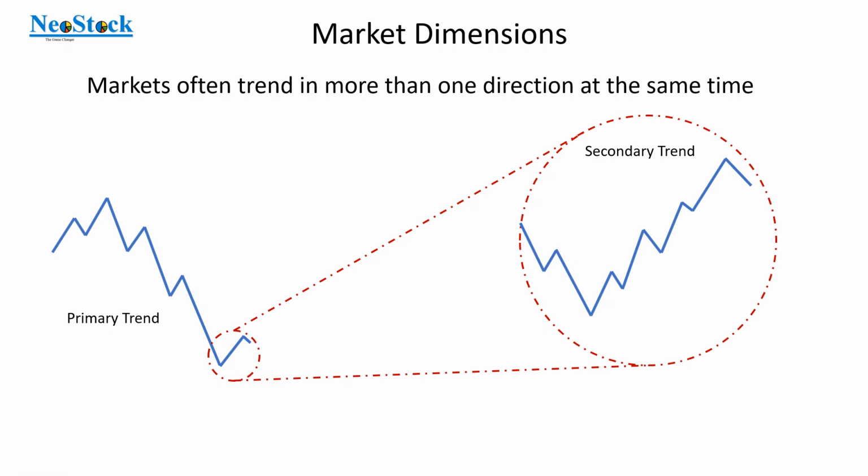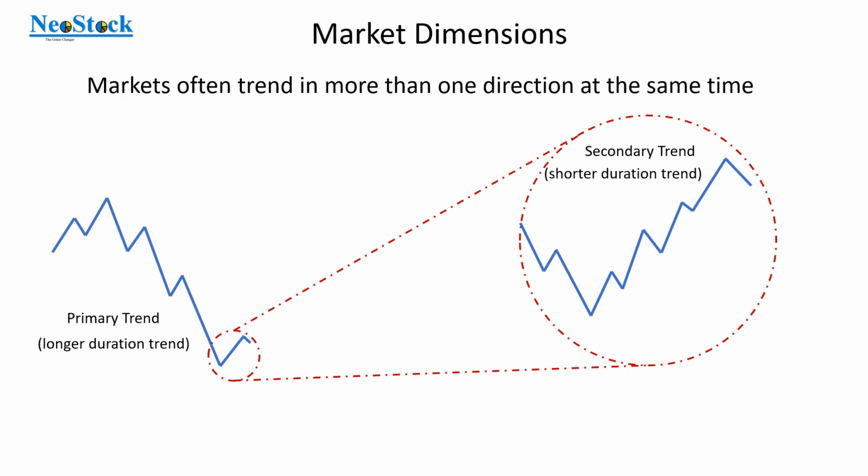That is the way, from one dimension to another, the way you look at the chart changes primary to secondary. Again, secondary could be a primary trend, and if you zoom in further, it could be a secondary trend. The primary trend is called a longer duration trend. The secondary trend is called a shorter duration trend.